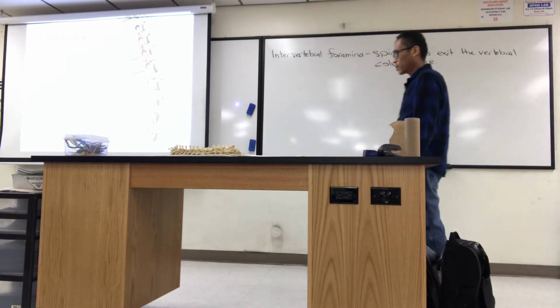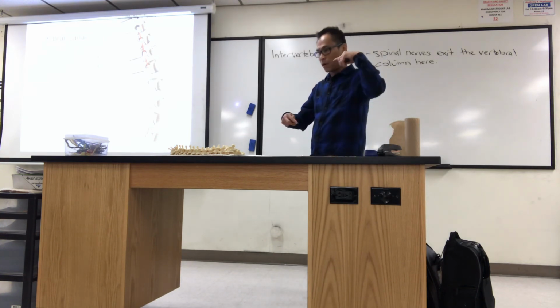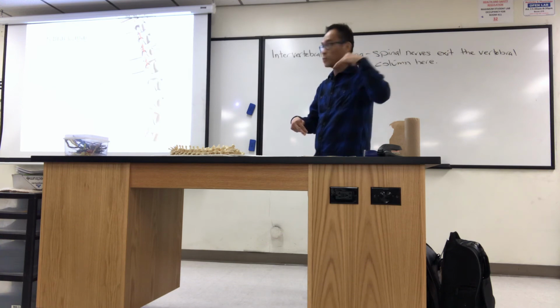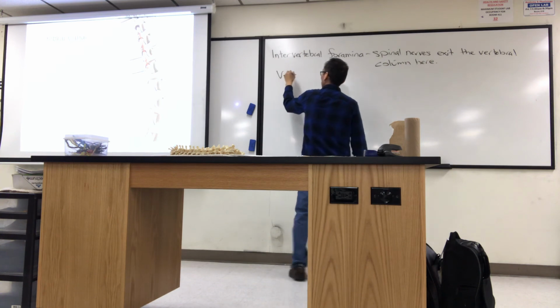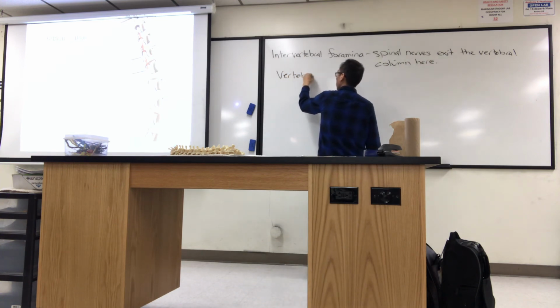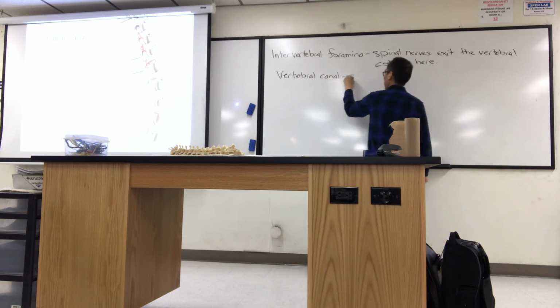Now the spinal cord is actually only about 18 inches long. It doesn't go completely from top to bottom. It stops at about the level of L2. But note, vertebral canal, it contains spinal cord.